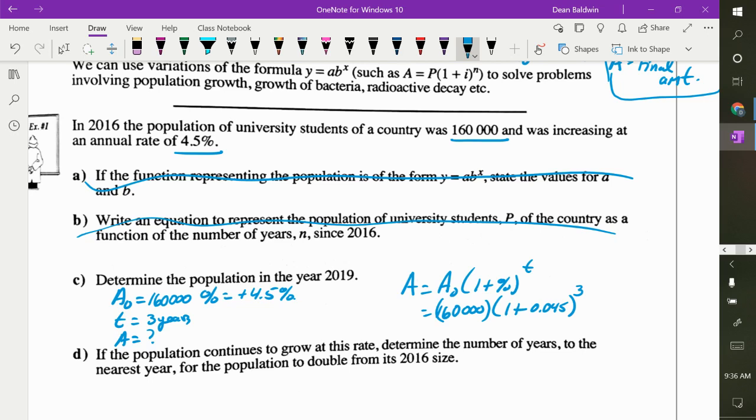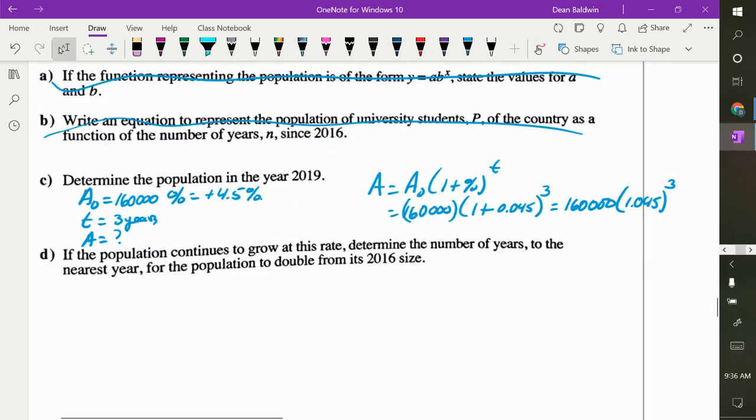All right. So we follow bed mass, 160,000. If I was speaking Italian, I would butcher words more than that.